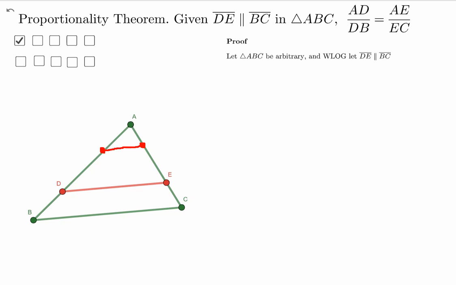And if you do that, then there's a proportionality between segment AD divided by DB and segment AE divided by EC. So we get this proportionality happening whenever we draw a parallel line, right? So this can be any parallel line in here.